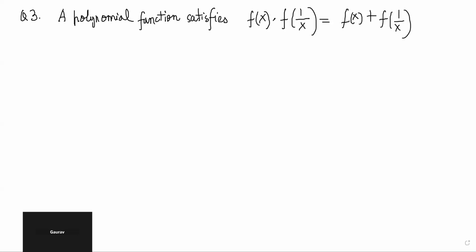And this is true for all x not equal to 0. And it is also given that f of 3 is equal to minus 26. You have to find the value of f of 4.